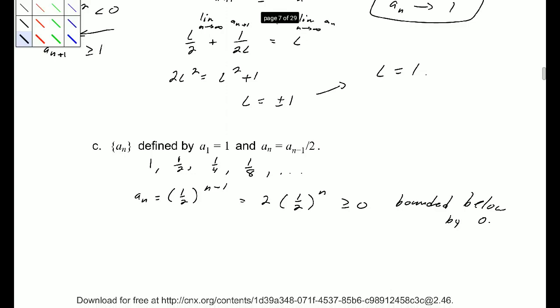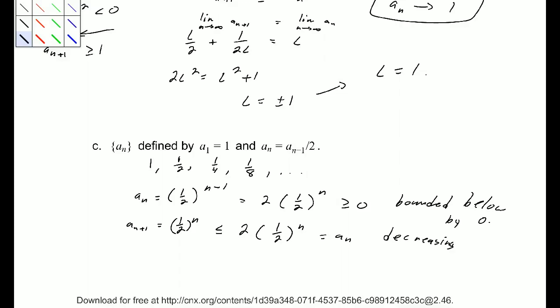Now let's consider a_{n+1}. A_{n+1} is equal to (1/2) to the n, just by plugging in n plus 1, replacing n with n plus 1. Well, that is definitely less than or equal to a_n, because that's 2 times that sequence right there. Let me write that differently. That is less than or equal to 2 times (1/2) to the n, which is a_n. So it is definitely decreasing.